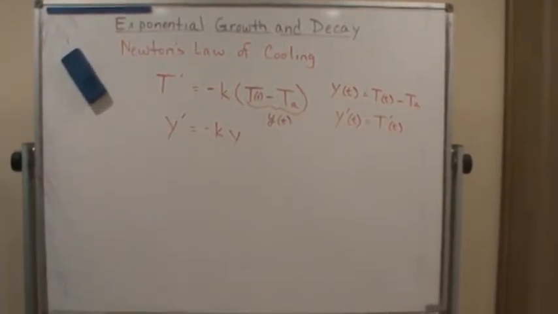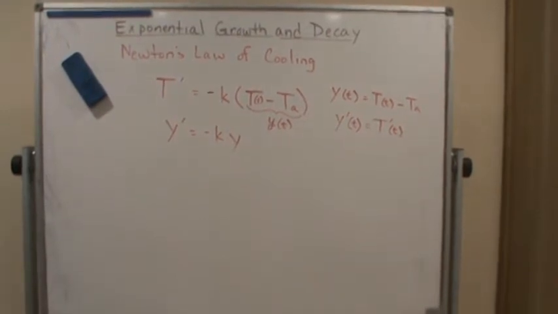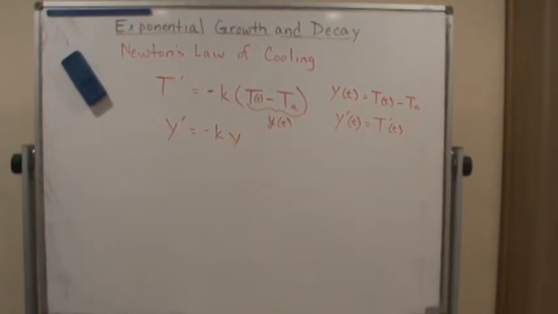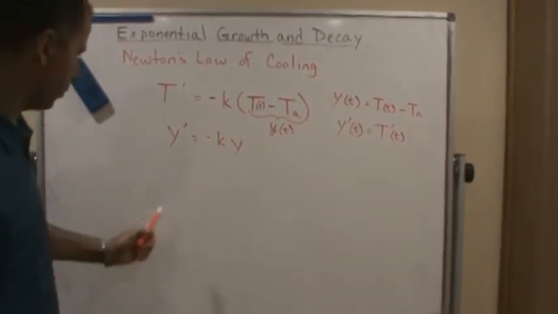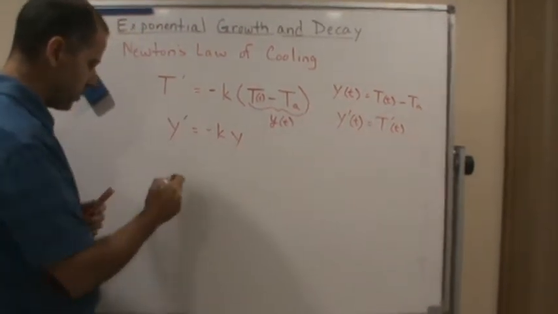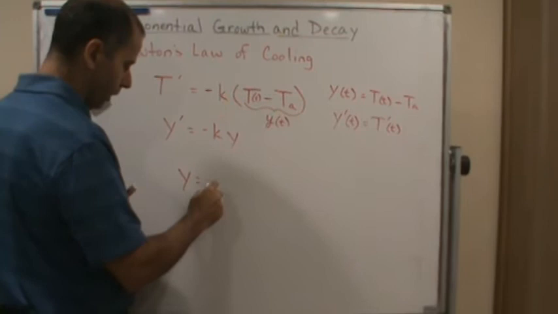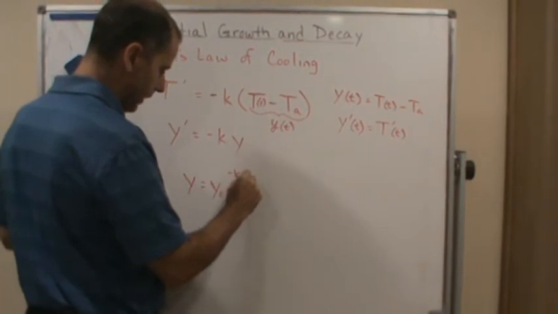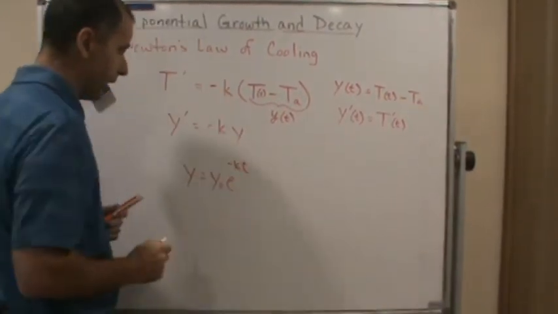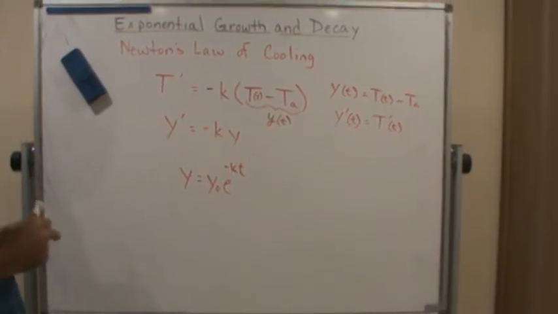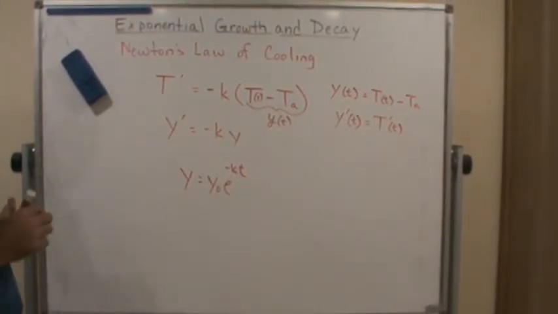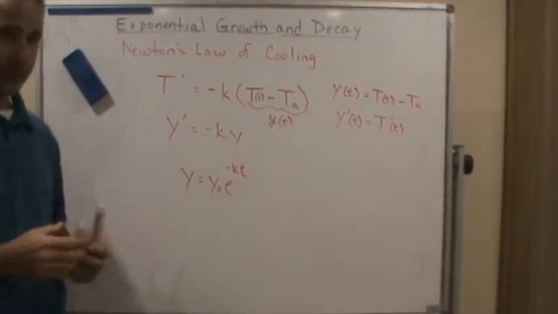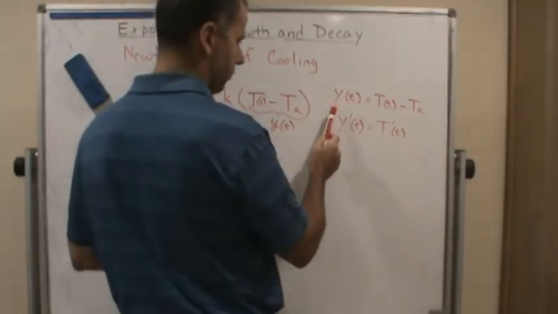And so now we can go ahead and look at what we did before, at our previous work. We know the relationship between these two gives us this, right? So we know this gives us the function that y equals y naught e to the negative kt. So now, how would that affect what I have here with my substitutions? Well, what is it going to look like? So I've got this.